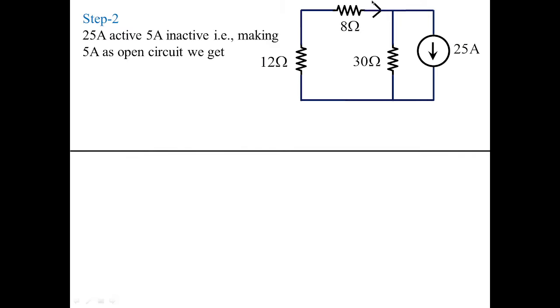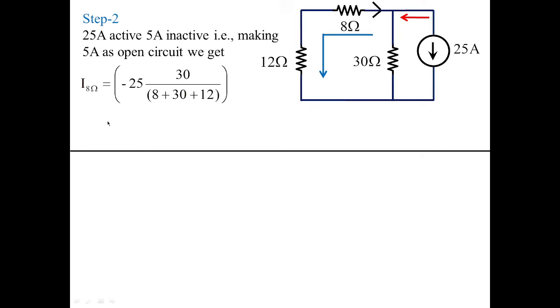You can see the direction of the current which is flowing in 8 ohms. It is in this direction, and the source current here, 25 amperes, is acting in the downward direction, and I have to find the value of current in this direction, which is the current in 8 ohms or in 12 ohms. Now in this case they are one and the same.